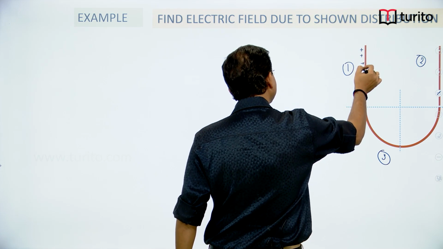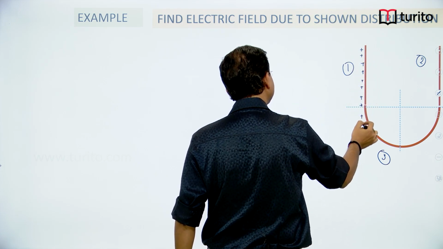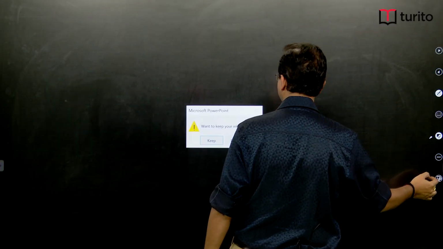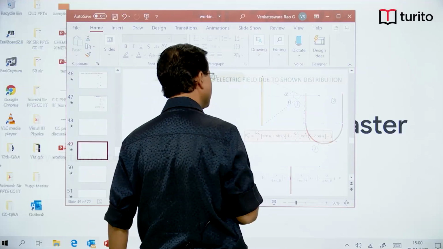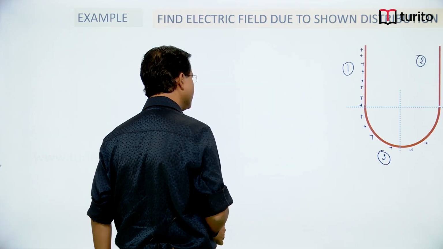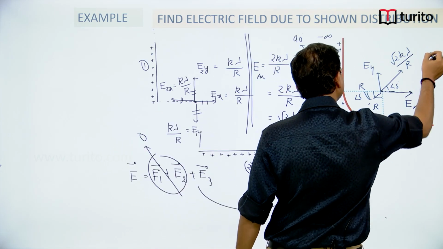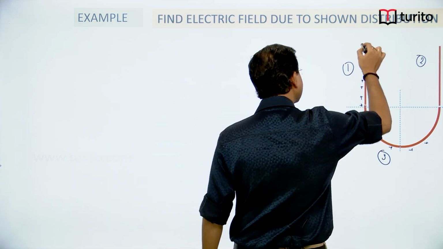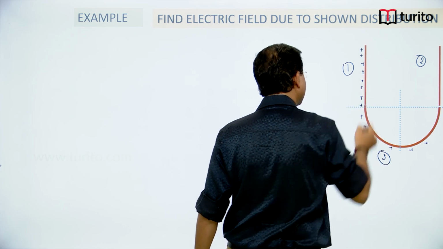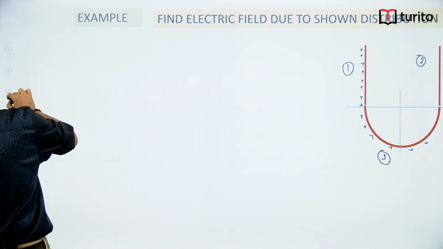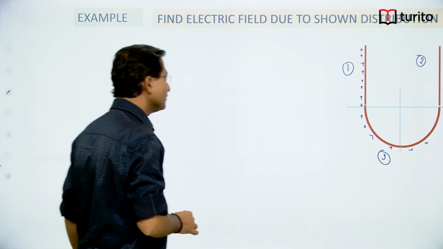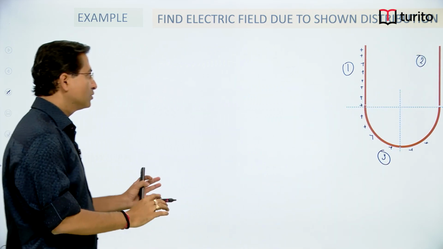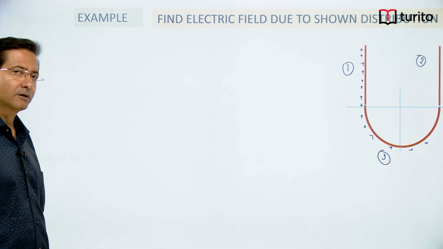So, charge is uniformly distributed on this one, this is plus infinity, this is coming from infinity and this is going till infinity, right. So, these 3 segments will produce field at that particular point, right.